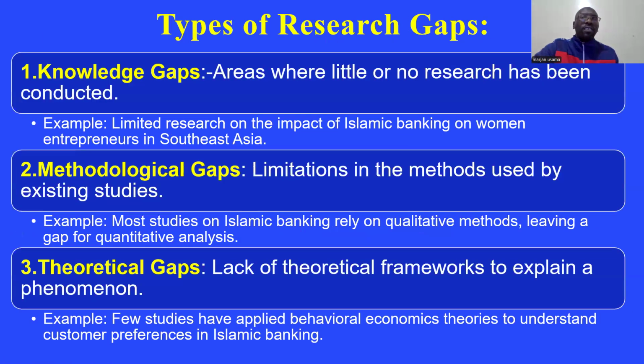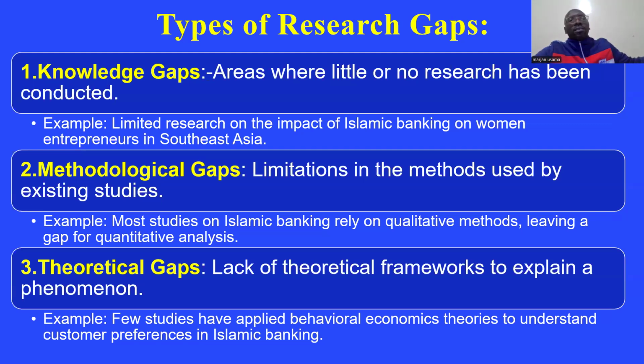Now, the most important thing is I need you to know these types of research gaps. When you're doing your literature review, sometimes you will find that there is a knowledge gap, that not many people have written about your research. So there is a gap, and your research is going to fill the knowledge gap. Number two, methodological gaps. That is, there is a gap in methodology, so your research maybe is going to fill that gap.